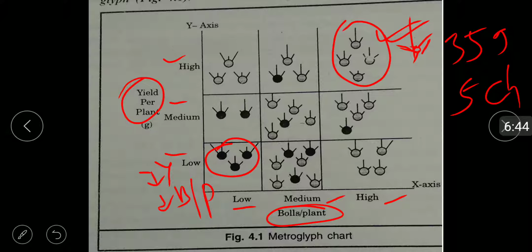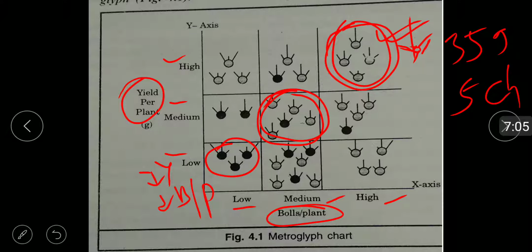Coming to here, these have medium yield and medium bolls per plant. By this we can easily analyze the variation present in the genotypes. We can select as required.